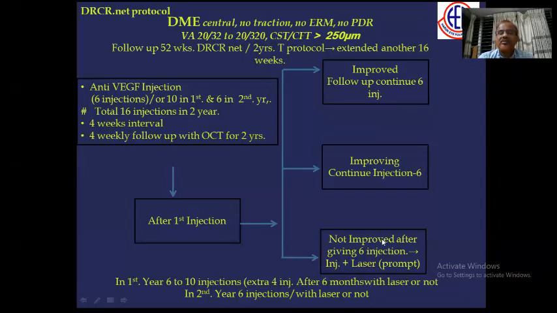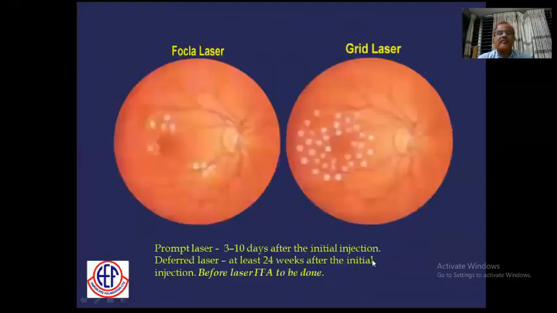But after giving 6 injections, if not improved, then in this situation we continue the injection at 4 week intervals. But in this situation we can give focal and grid laser, and before giving grid laser we have to do fundus fluorescein angiography to see the leaking point.